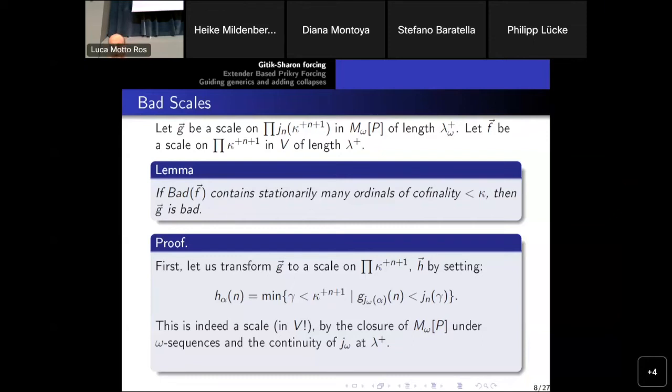Jn is continuous, J omega is continuous, and M omega of T is closed under countable sequences. So whenever you want to bound something, we can do it using G. So we have some other scale, H, which is a scale in V over the product of kappa plus n plus 1. So it should be interleaved there.